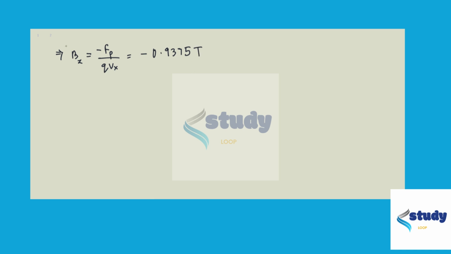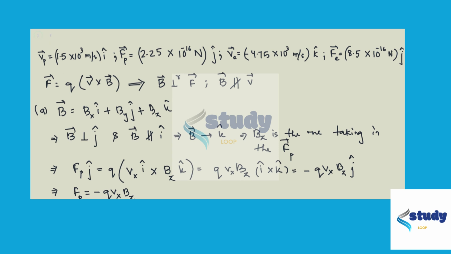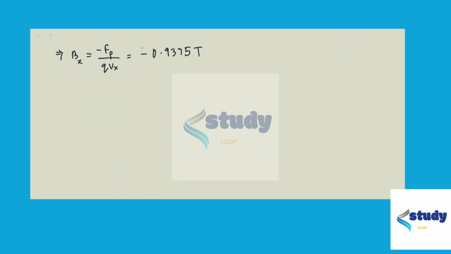This means the magnetic field has a component along the negative z direction because of the negative sign, and has a magnitude of this along that direction. Now it will be clear after we do the same thing for the electron.